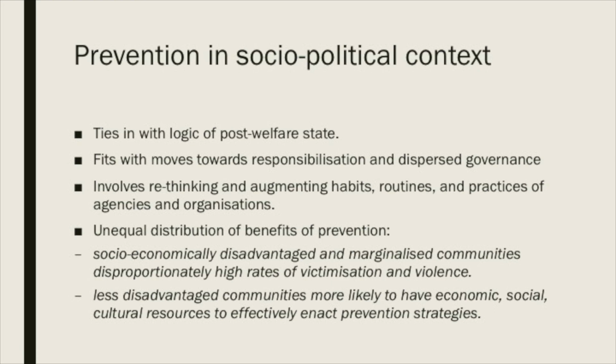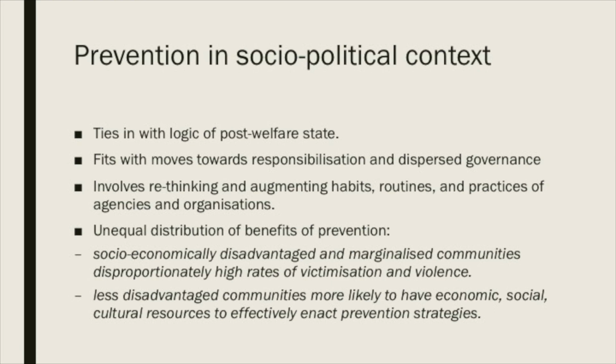Now, what that is getting at is saying that the way that prevention is socially and economically organized, I guess you could say, finds that those at greatest risk, those most marginalized communities, don't or can't access the same level of resources to enable effective prevention.